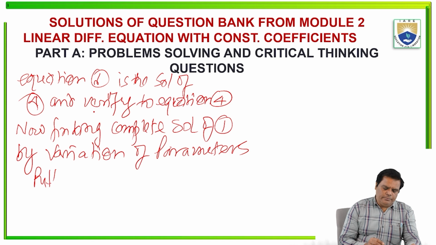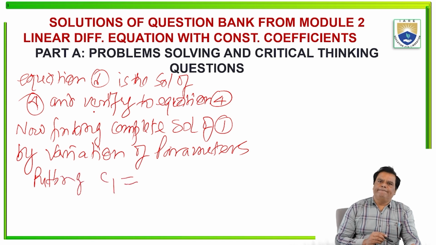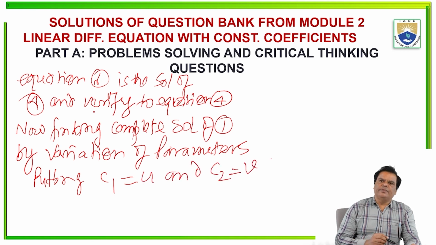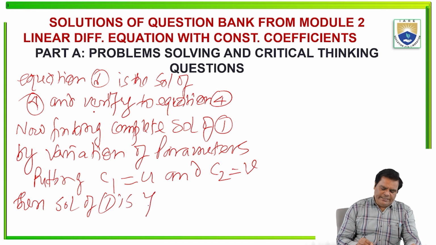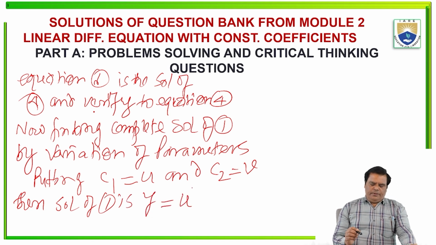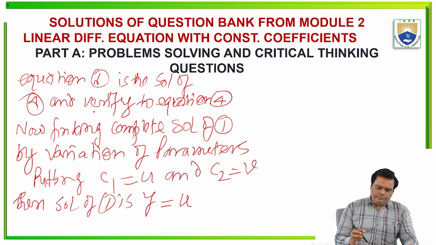Putting the constant C1 equal to u and the constant C2 equal to v, the solution of 1 is y equals u y1 plus v y2.